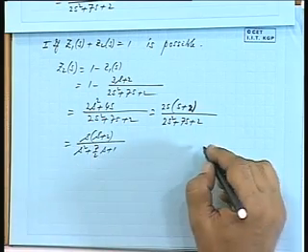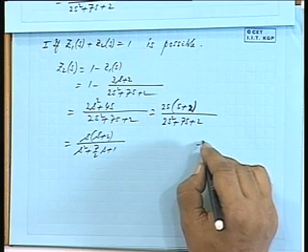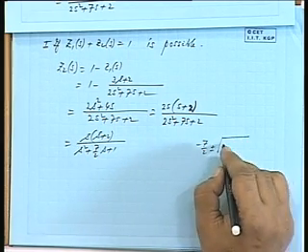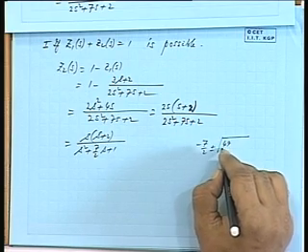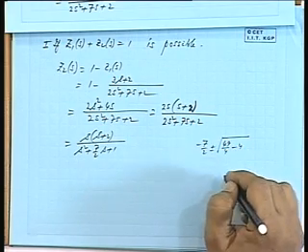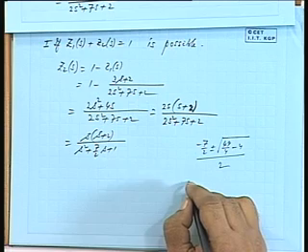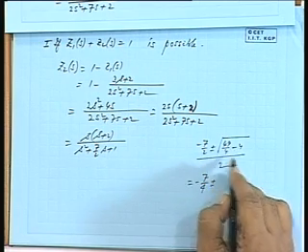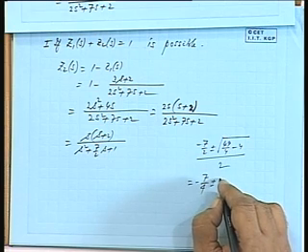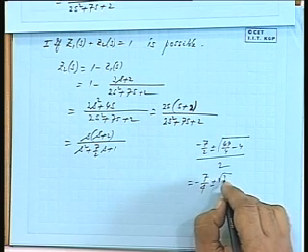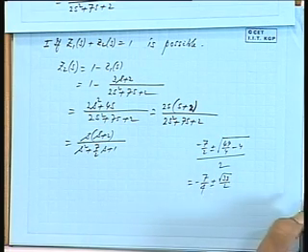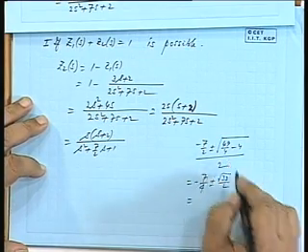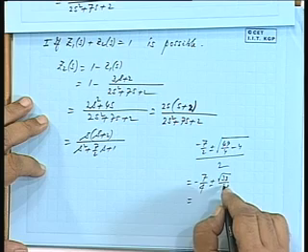B square is greater than 4AC, so the roots are minus 7 by 2 plus minus, so 49 by 4 minus 4, divided by 2, so minus 7 by 4 plus minus 49 minus 16, so root 33 by 2 and 2, 4.